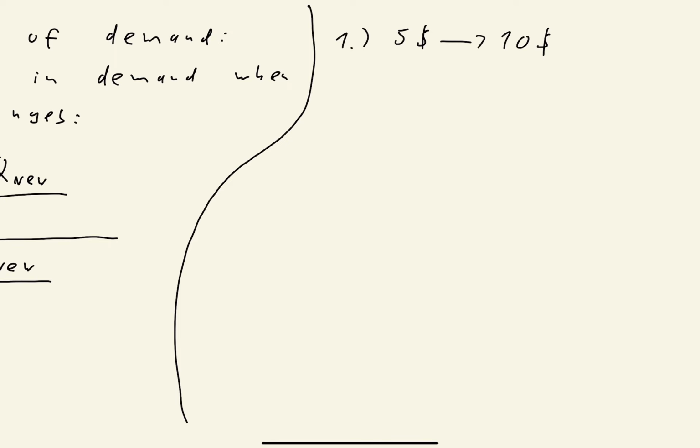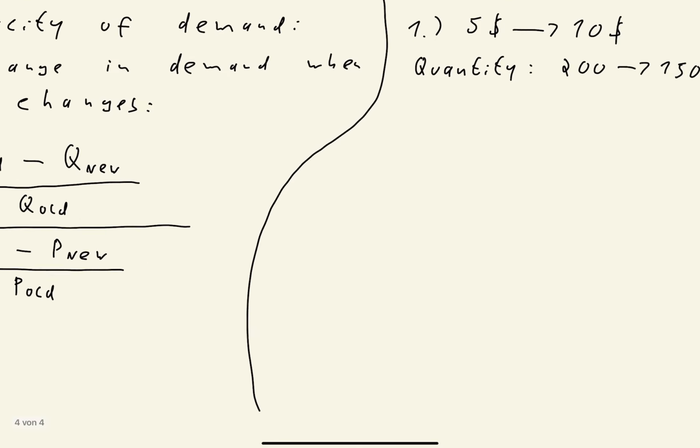What happens with the quantity? The quantity is 200 when the price is 5, and it is falling from 200 to 150. Now we have all the information that we need.